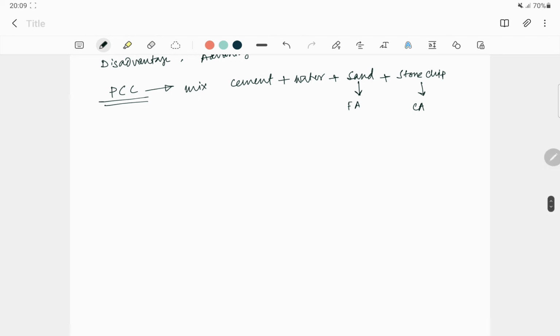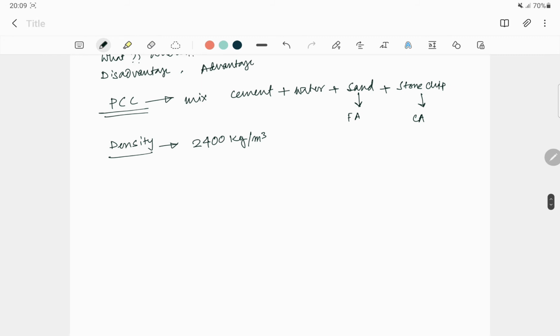What is its density? The density is 2400 kg per meter cube. It is generally used below the foundation.